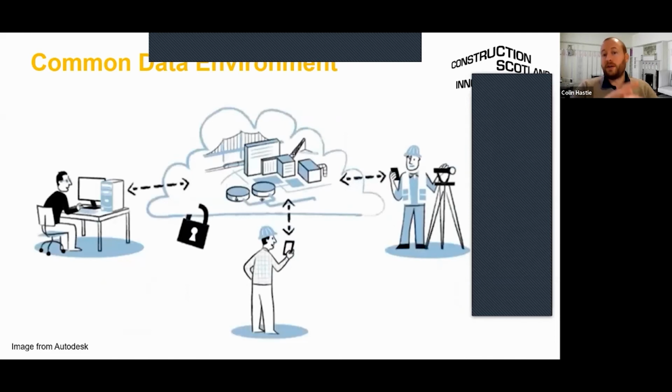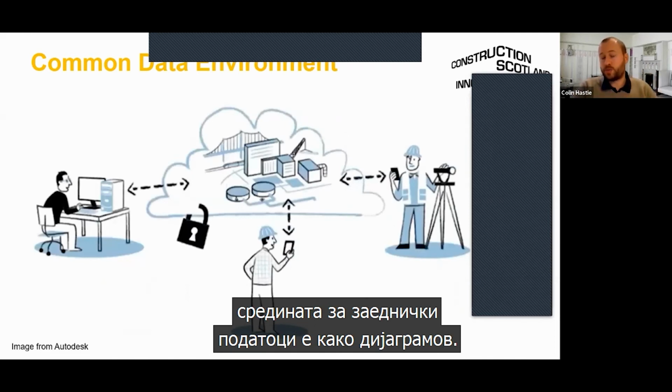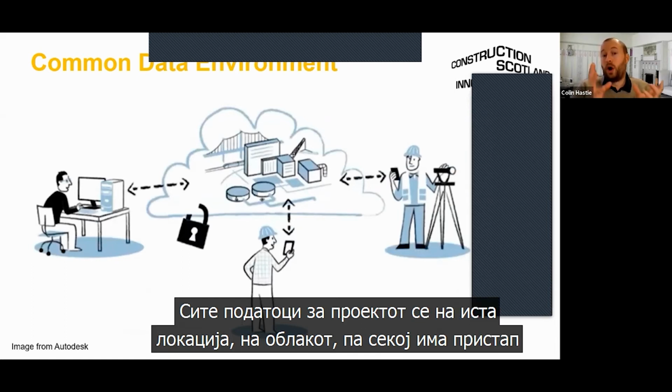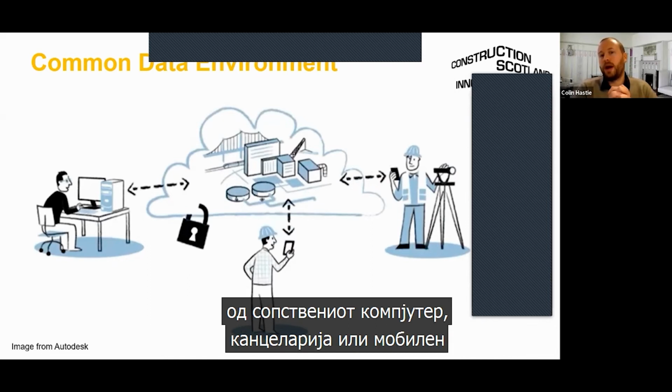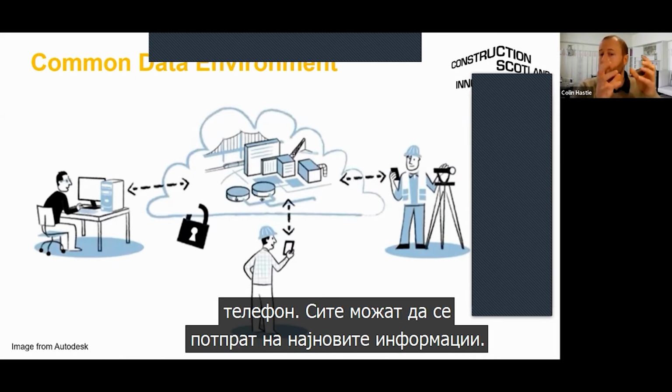The principle of a common data environment is more like this diagram. These are diagrams produced by Autodesk to explain how the common data environment would work. All of the project data exists in one location on the cloud that everybody can access from their own computer if they're in the office, or mobile devices out on site. So everyone is able to rely on the most up-to-date information.